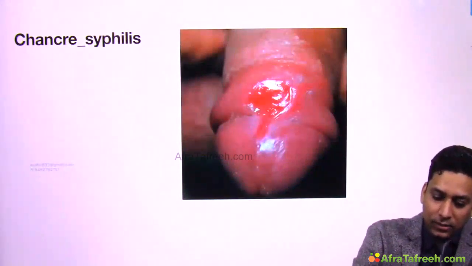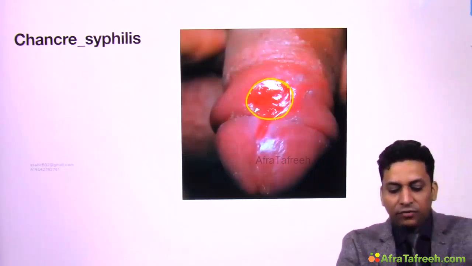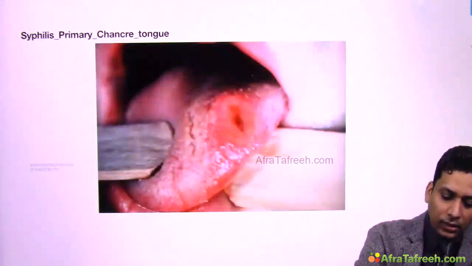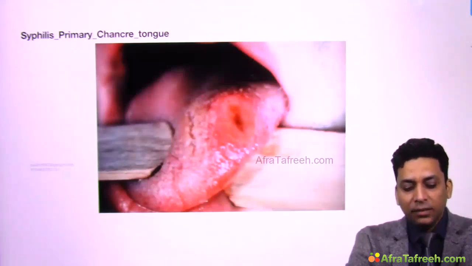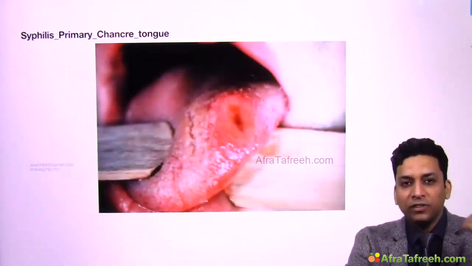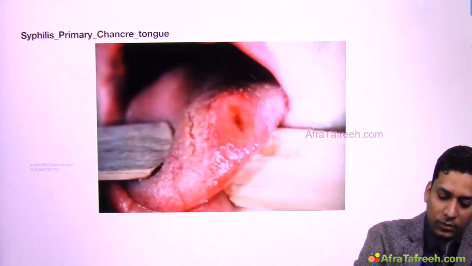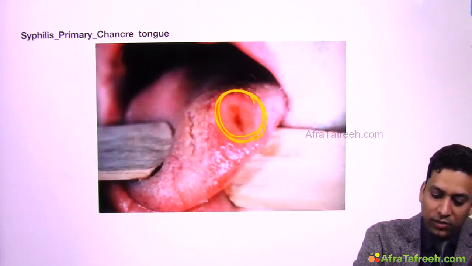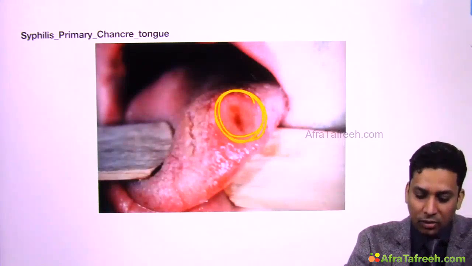Then another ulcer, you can see single, and present near the frenulum. Then sometimes, genital ulcers are generally seen, but sometimes a patient might present with oral lesions. So oral ulcer of syphilis might also be present. This is comparatively rare, but this is also a presentation.